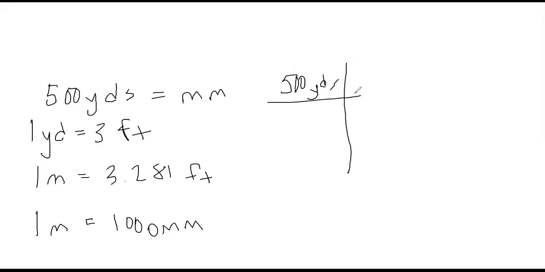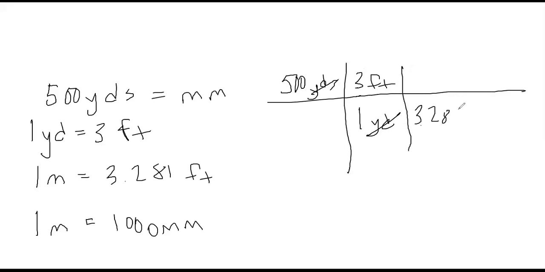And we're going to change that into millimeters. So 1 yard, 3 feet. Yards cancel. We have 3.281 feet is 1 meter. And then 1 meter is 1,000 millimeters. So feet cancel, meters cancel.